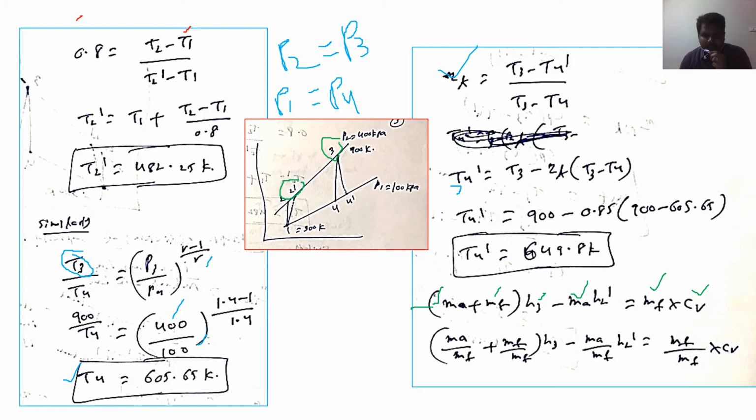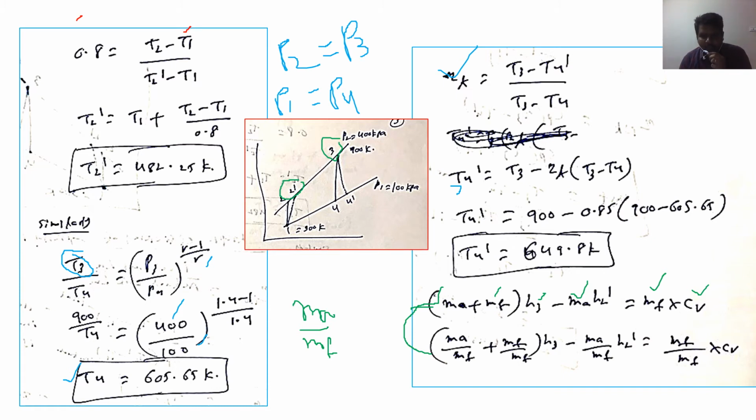From this we can find the ratio of mass of air per mass of fuel. To find that, if we divide the whole equation by mass of fuel, we can write mass of air divided by mass of fuel plus mass of fuel divided by mass of fuel into H3 minus mass of air divided by mass of fuel equals mass of fuel divided by mass of fuel into Cv.